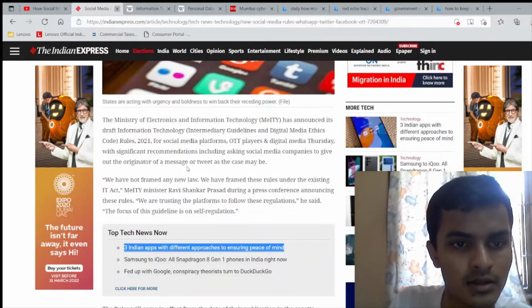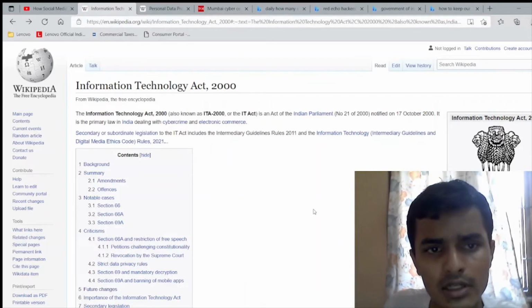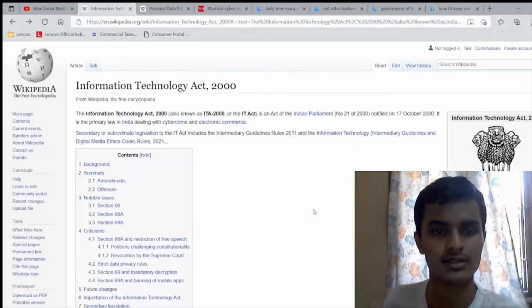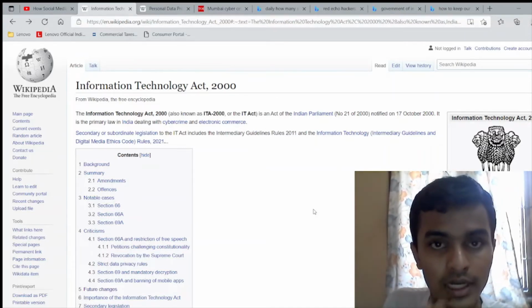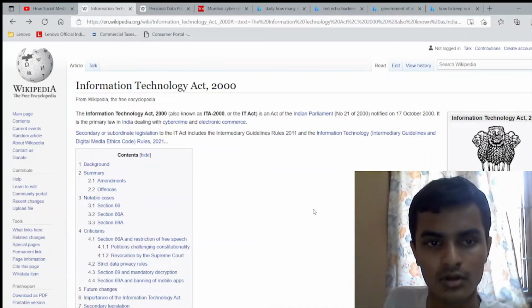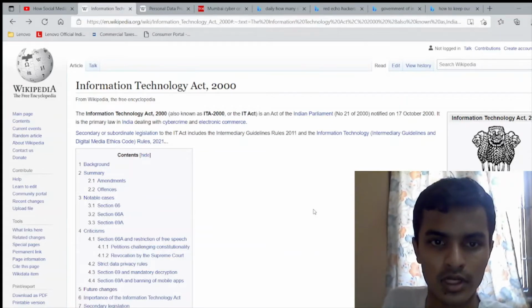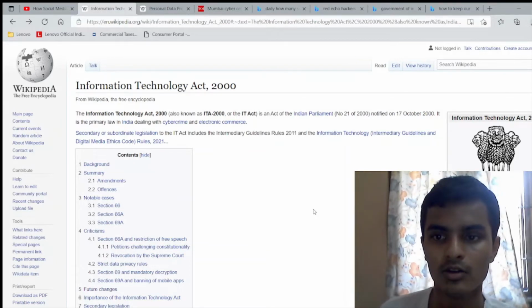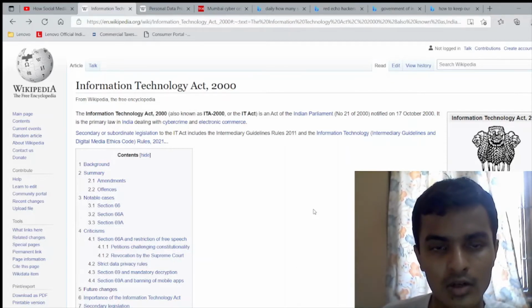And next is the Information Technology Act 2000. This is from Wikipedia. Thank you, Wikipedia. This is the basic IT Act, which they use in the corporate world, or I don't use. It's an act of Indian Parliament notified on 17 October 2000. It's the primary law in India dealing with cyber crime and electronic commerce.